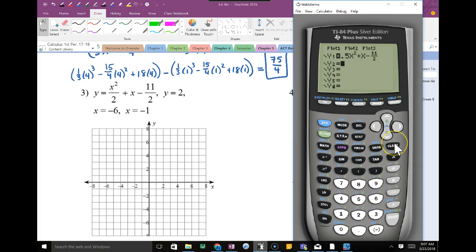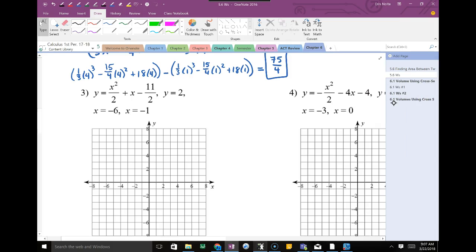Okay, y equals 2. I'm just going to type in 2. That one, I don't really need a calculator to draw. Oh, this is not the one I was thinking it was, but that's okay. We can still do it. It's not as exciting as I thought it was.